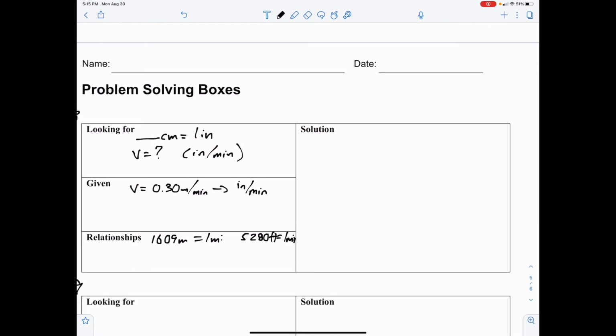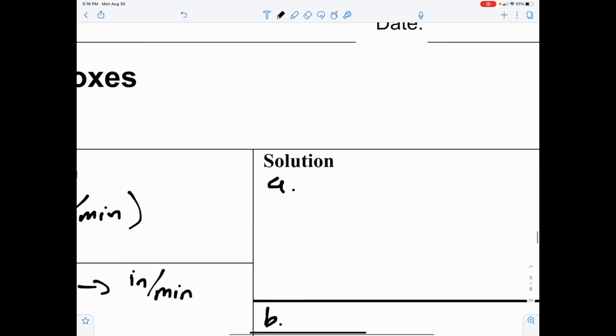Okay, so we'll split the box in half. Part A on top, part B on bottom. Part A, we're trying to convert between 1 inch. So we'll start with 1 inch. And the first thing we're going to do is multiply by the fact that there are 12 inches in 1 foot.